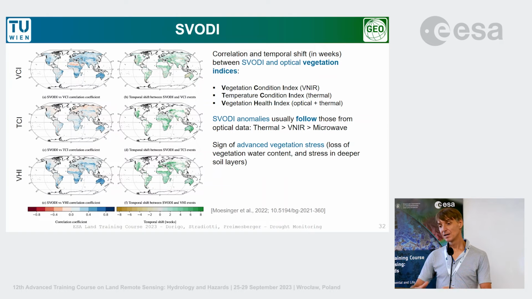It gives you information on a different stage of a drought. If you have a very strong drought with very long-lasting consequences, this is strongly shown by VOD because it measures how drought affects plant water content, which usually follows indicators, for example, from optical indices or thermal indices.